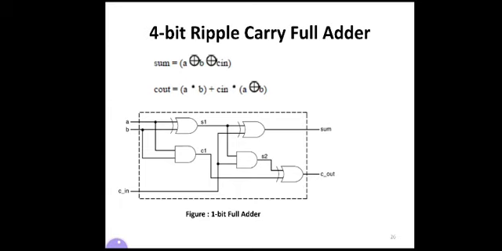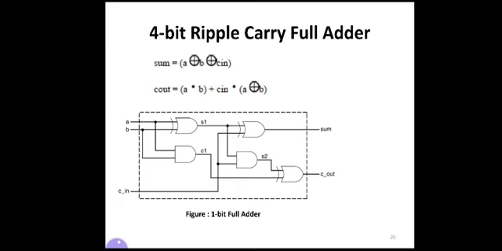For that you need to design the 1-bit full adder first. So for the 1-bit full adder you have to remember the truth table. Ai, Bi and Ci-1 are the inputs, and Cout and sum are the outputs.